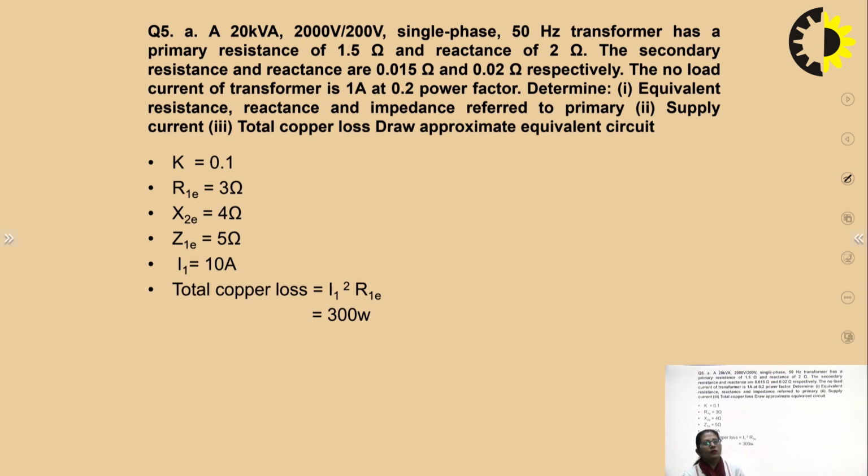Moving on with the very first question, that is the equivalent resistance referred towards primary, given by R1E.